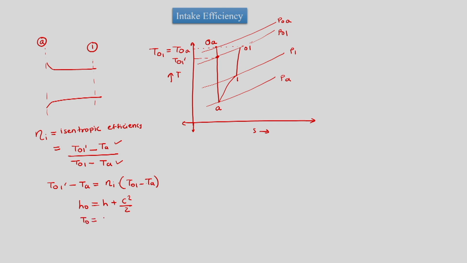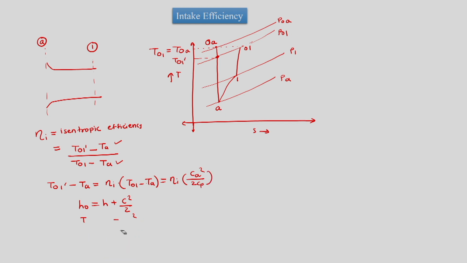So we can write it as T naught is equal to T plus C square by 2 Cp. So we have T naught minus T is C square upon 2 Cp. So this we can make use of, and we can write this as isentropic efficiency into Ca square divided by twice Cp.